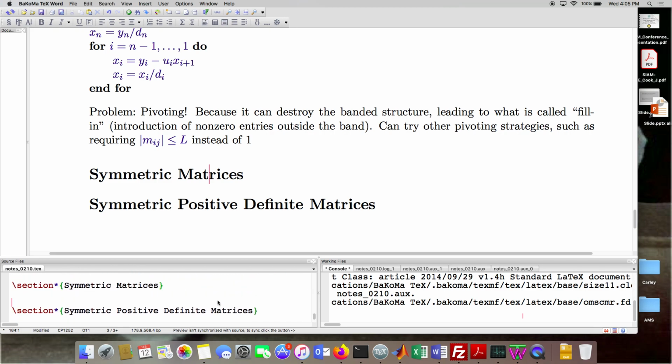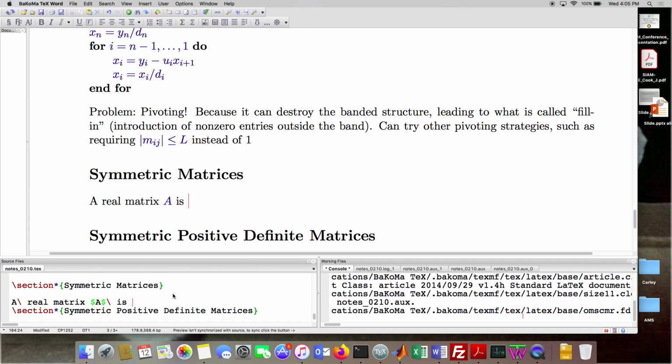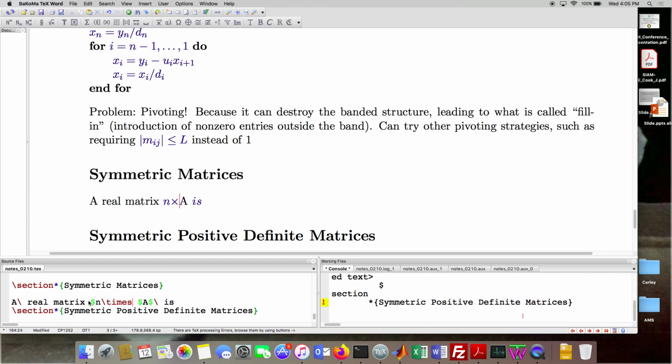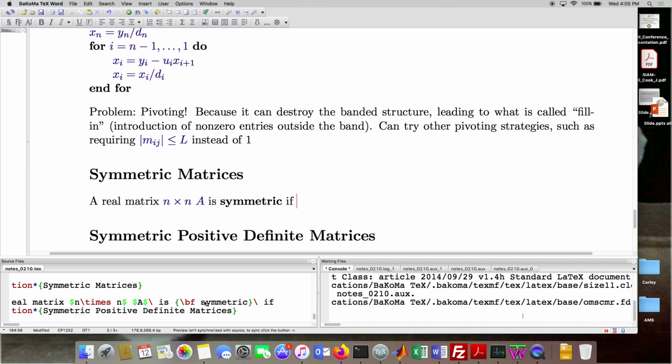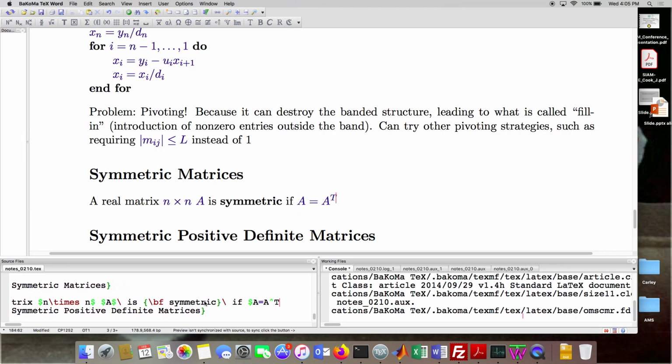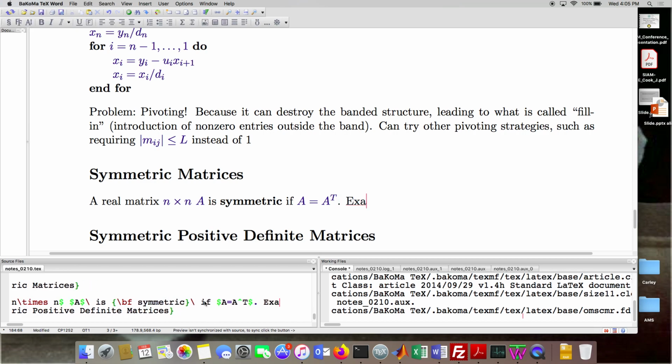First, symmetric: a real n by n matrix A, which has to be square, is symmetric if A is equal to A transpose. In other words, reversing the sense of rows and columns leaves you the same matrix.